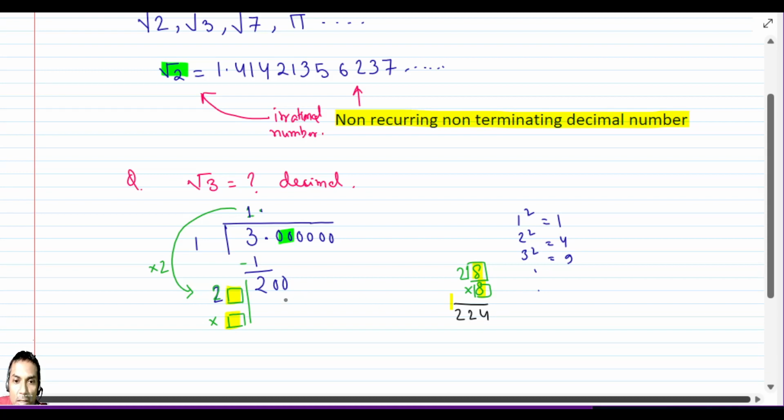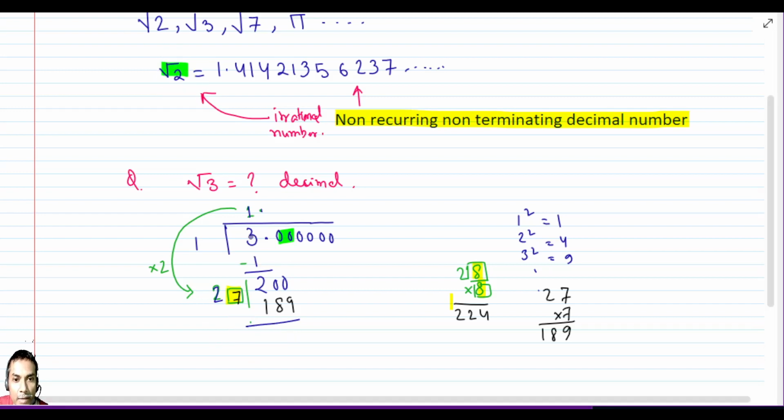So 224 exceeds 200, so we have to consider the previous digit, which is 7. After multiplying with 7 we get 27 into 7, 189. Is it clear? So what will be the remainder, and you transfer the 7 here as a quotient.